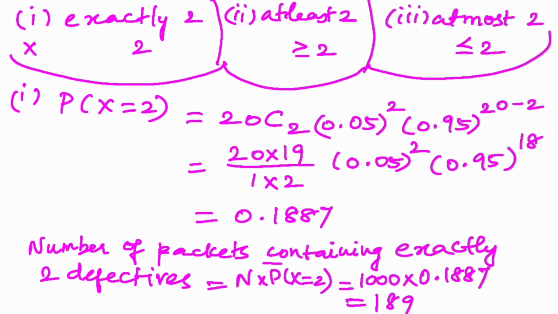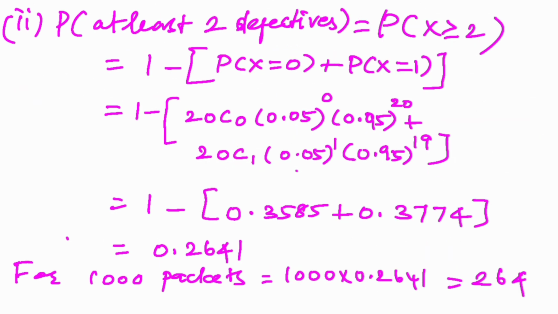This is the probability of exactly 2 defectives in a packet of 20 items. Now the actual question is, for 1000 such packets we have to find the number of packets having exactly 2 defectives. So we multiply this probability value by 1000, and it is 188.7, and rounding it will be 189.